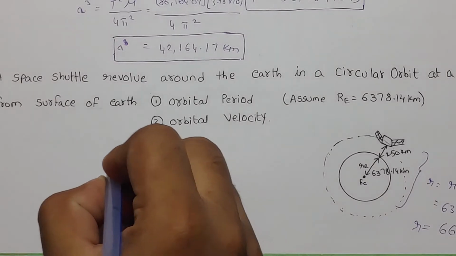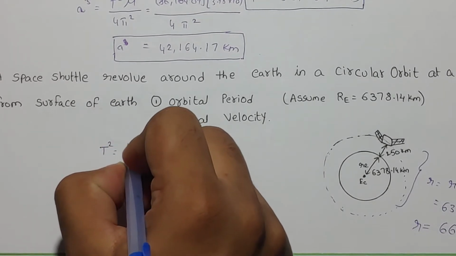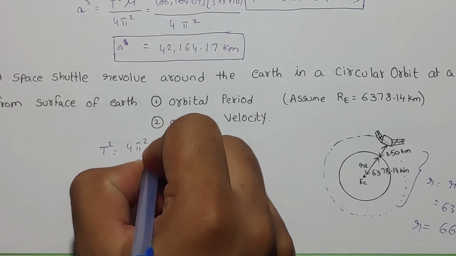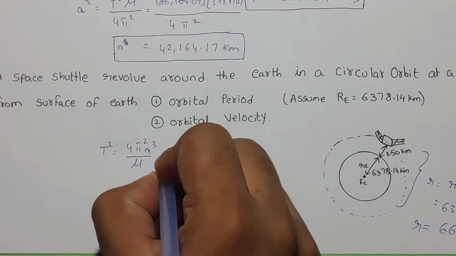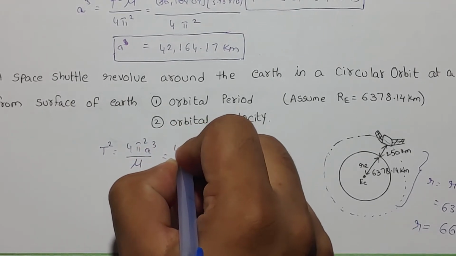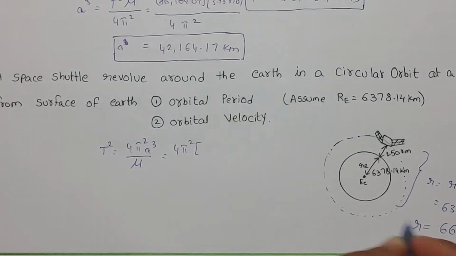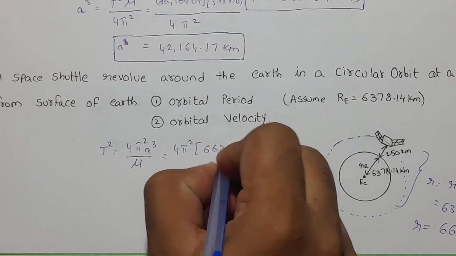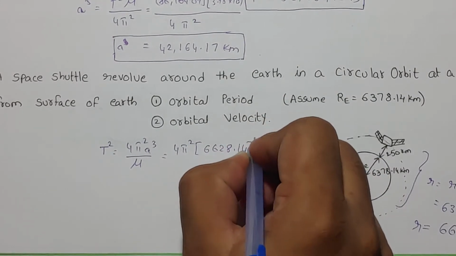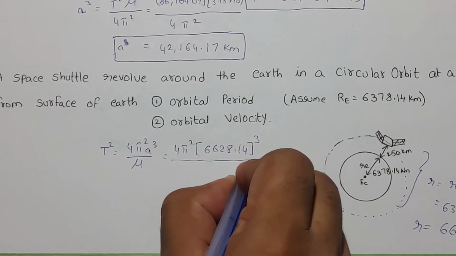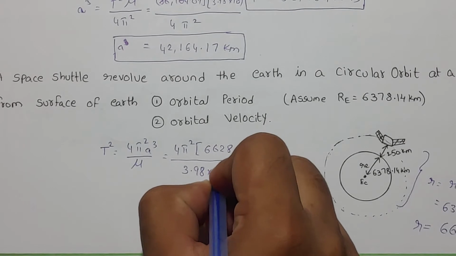We know that the time period T square is equal to 4 pi square a cube, that is radius cube, by mu. So we write 4 pi square into 6628.14 kilometers whole cube, divided by the mu value, which is 3.98 into 10 to the power of 5.